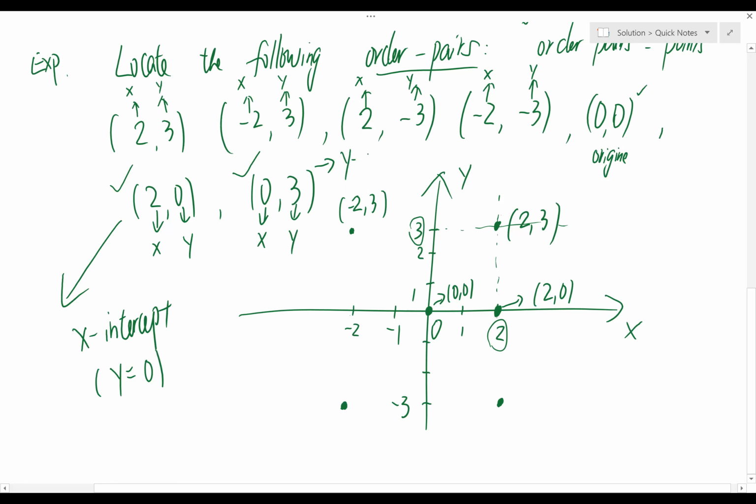So this is the y-intercept. So 0, 3 should be located right here. Okay, so this is the y-intercept 0, 3. So the most important thing about a y-intercept is x equals 0. So yeah, any questions on this?